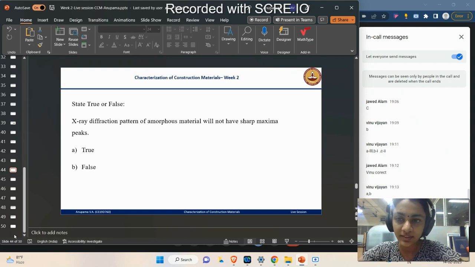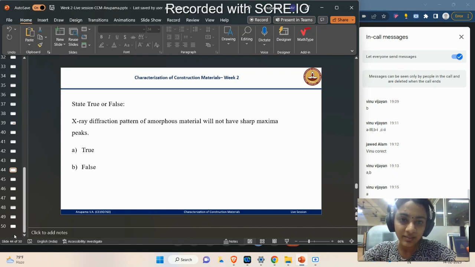Okay, we know goes with A. Anyone else? This is a pretty easy question. If you have seen an X-ray diffractogram of a crystalline material and an amorphous material, it will have its own characteristic differences.